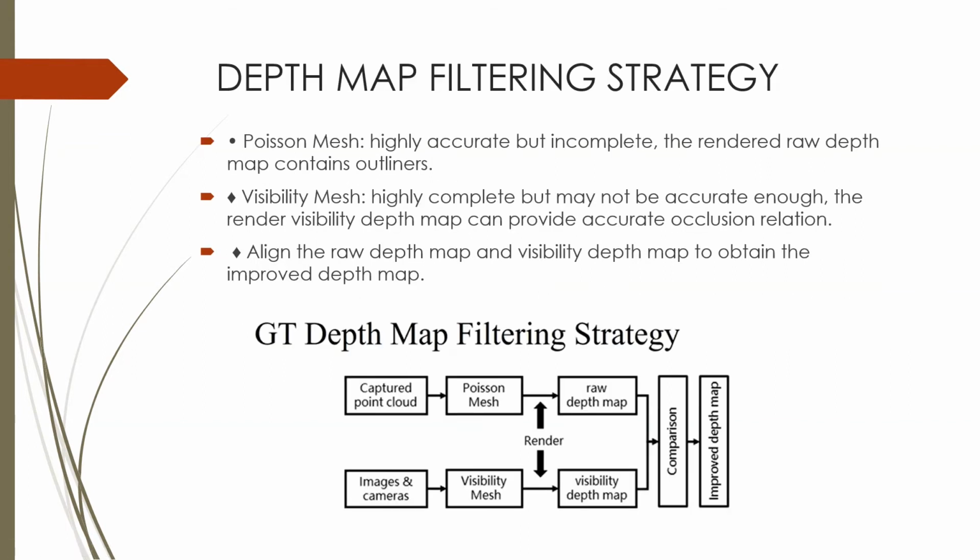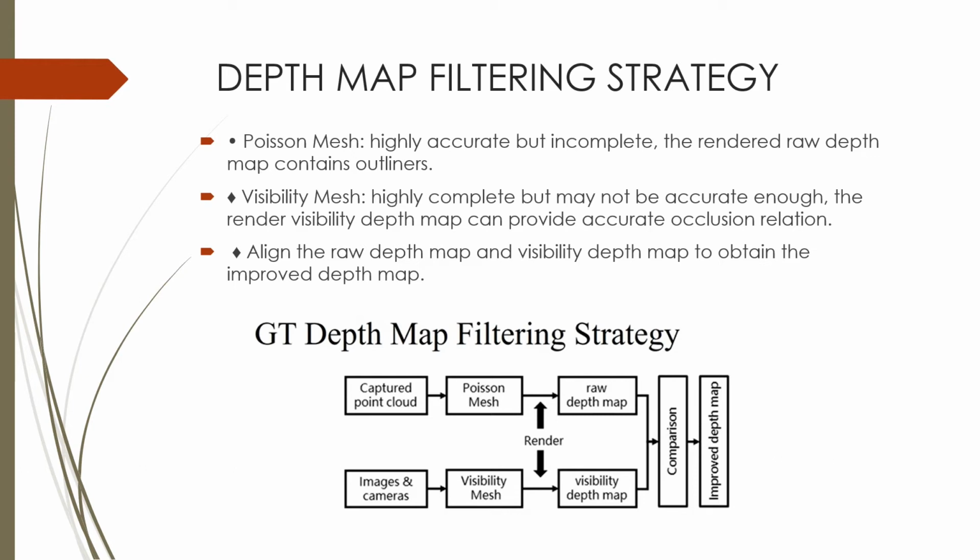In the last stage, I explained about the depth map filtering strategy. I am going to explain it in detail. Depth map filtering strategy: the captured point cloud is passed through the Poisson's mesh, which is highly accurate but incomplete, and renders a raw depth map containing outliers.